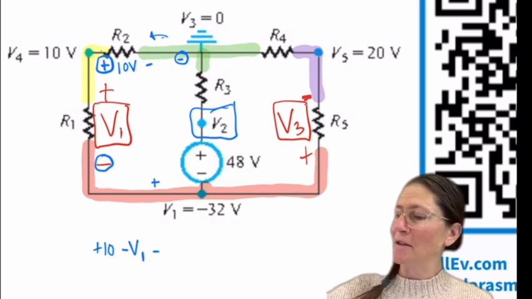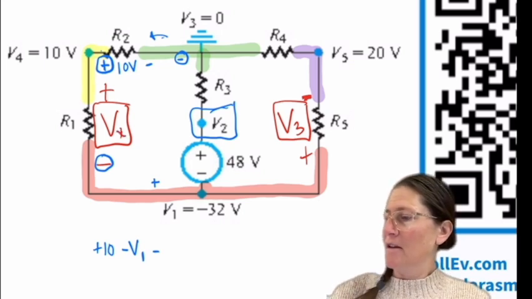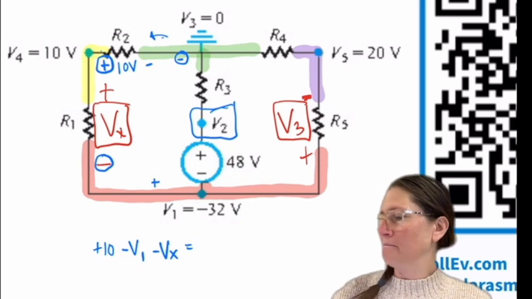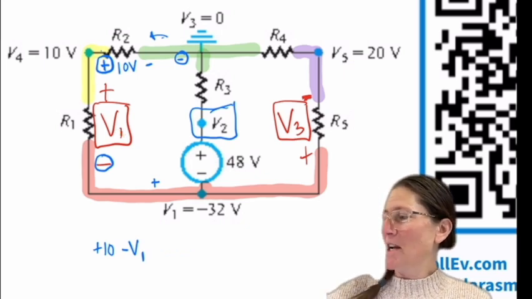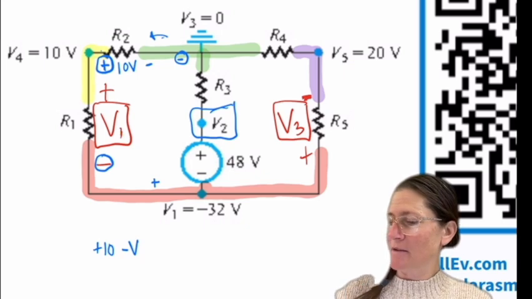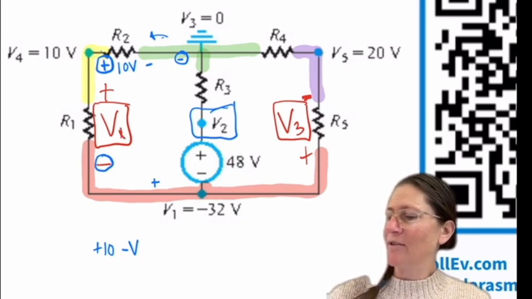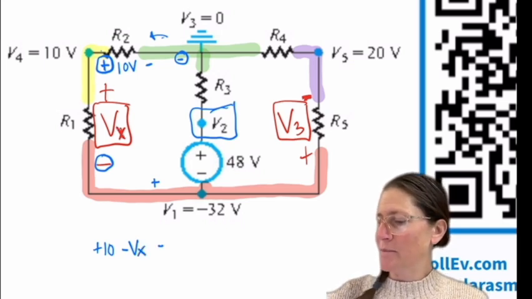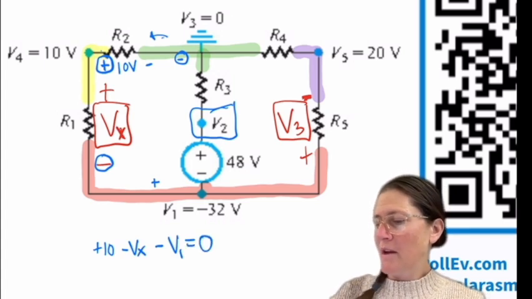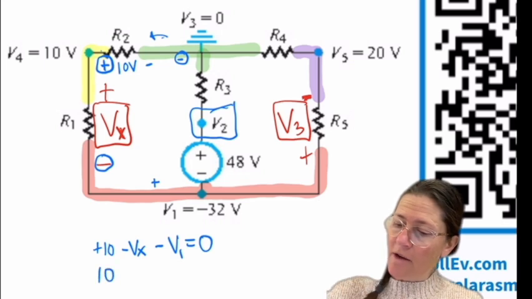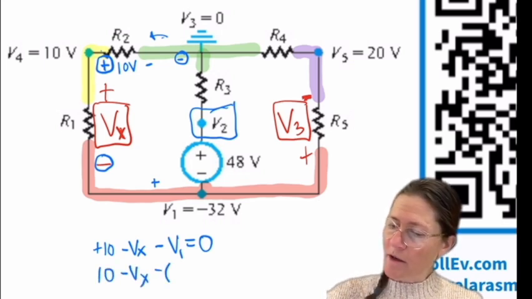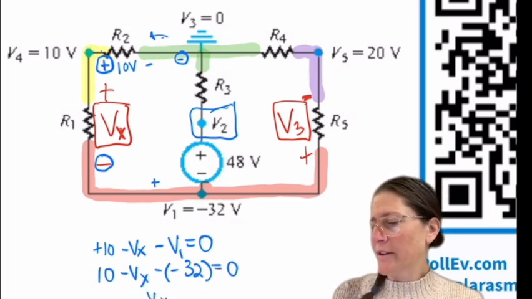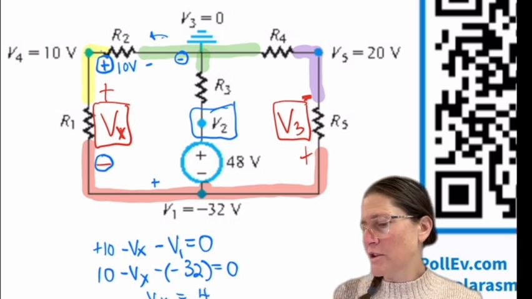I'll change this to Vx. Minus Vx, minus V1 equals 0. And I have that V1 is minus 32. So Vx in this case is going to be 42 volts.